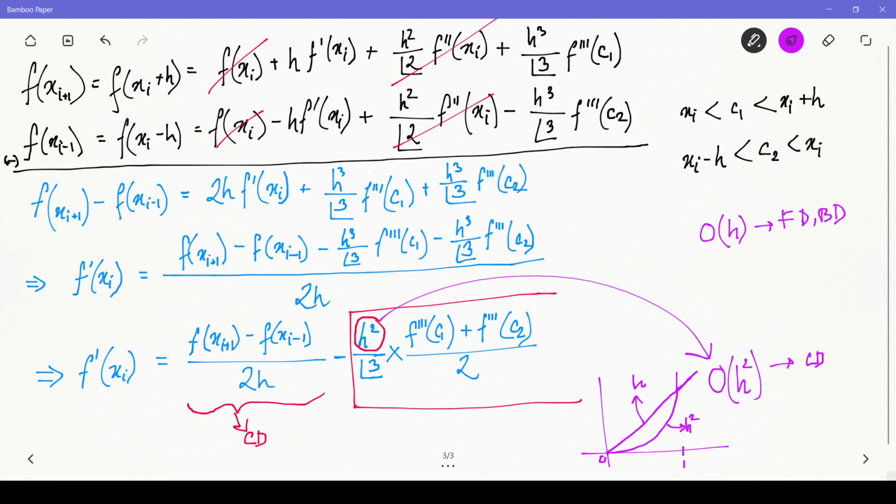So our central difference formula generally gives us a better approximation compared to the forward and backward difference formulas. Fine. Now that we know how to analyze the error complexities, let's go back to our presentation and continue from there.